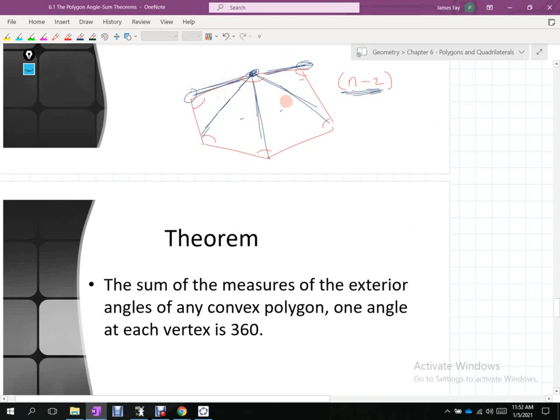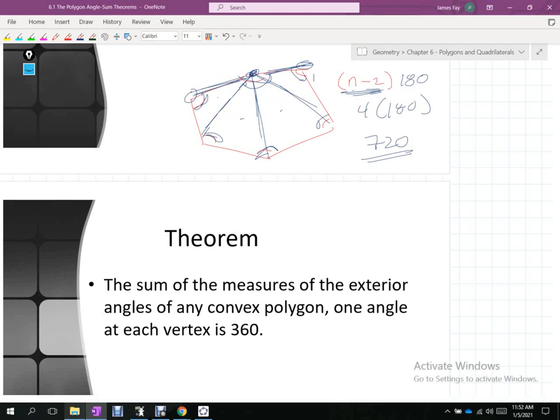So there's 4 of them in this case. And then we multiply by how many degrees there are in one triangle. So I get 4 triangles times 180 degrees. So in this case, there'd be 720 degrees in all of these angles that add up to give me that hexagon. Does that make sense to everybody? Okay, so that is the stuff that we talked about yesterday.